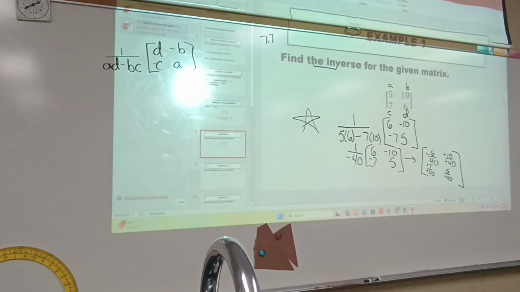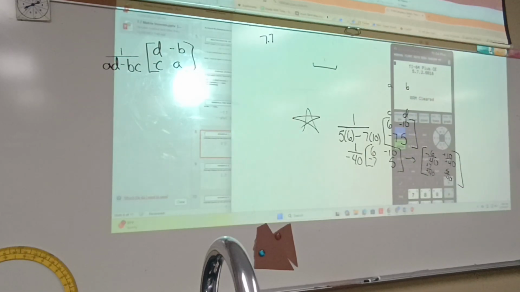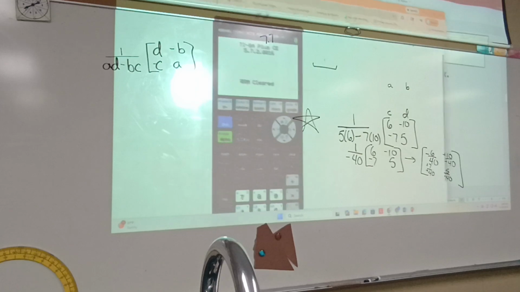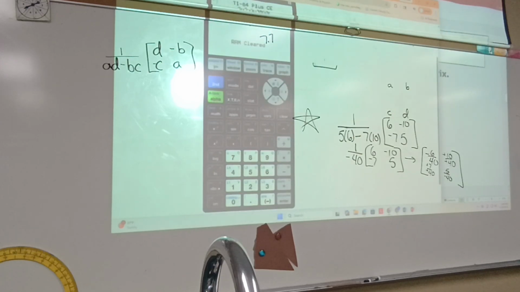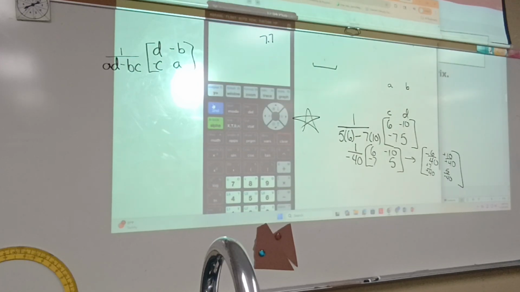Grab out your calculators. Let's see if we know how to do this on a calculator. It'll be okay. You can do this on a calculator. That's what we're going to do. Yeah, 100% reduce them all down. I just didn't. But if you're using a calculator, your calculator is going to give you decimals. So first thing I'm going to do is hit second matrix, right?